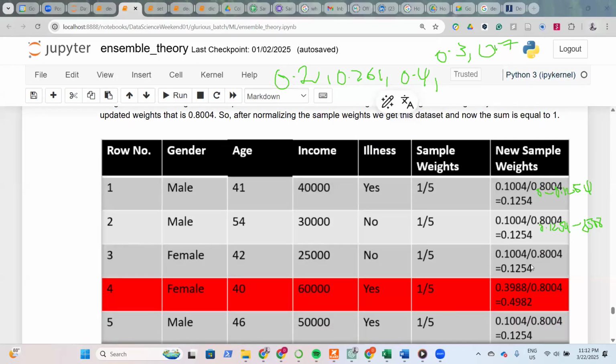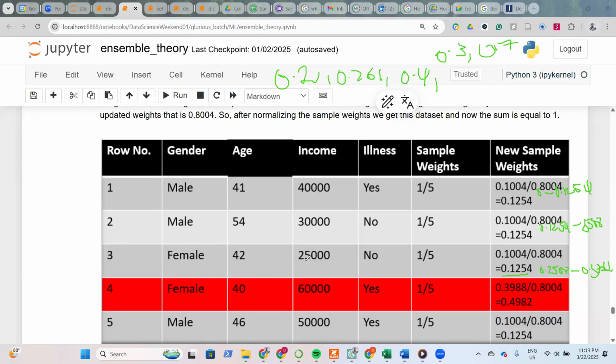I'm going to add 0.1254 again, and this gives me 0.2508 to 0.3762. So this gives you the third bucket.